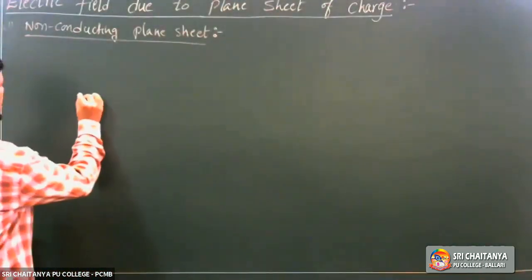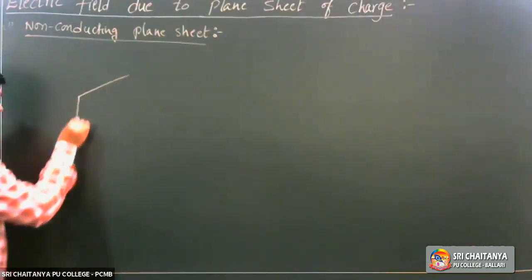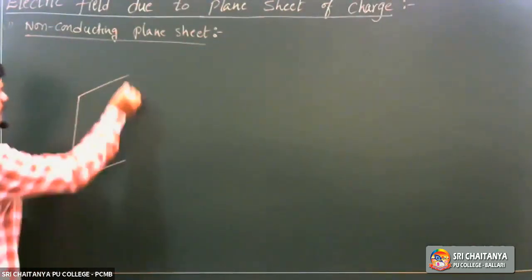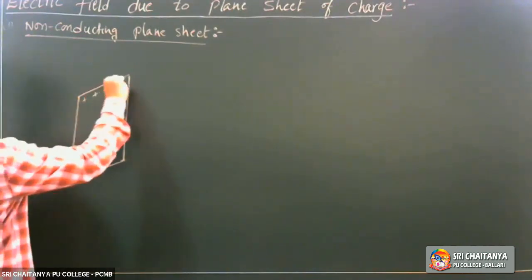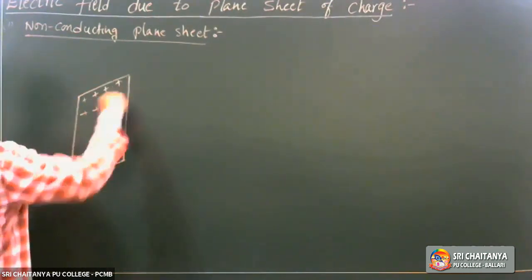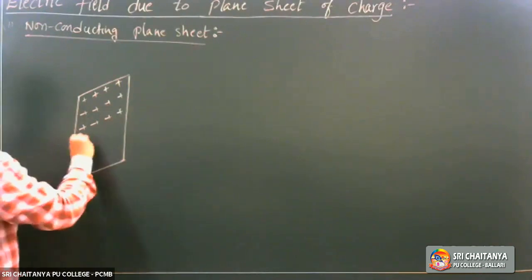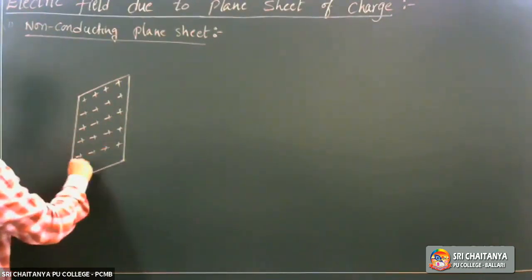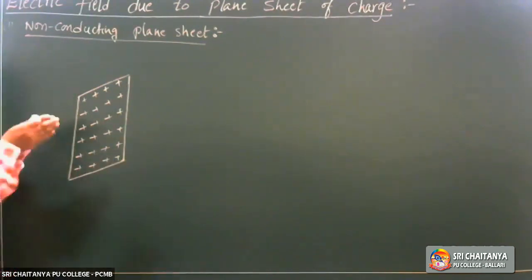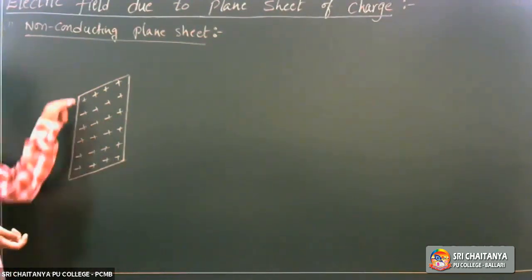See, if this is the plane sheet of charge you have, let the given charge be positive, and the charge spreads on, see, it is non-conducting. So on both sides the charge appears because it is very thin.